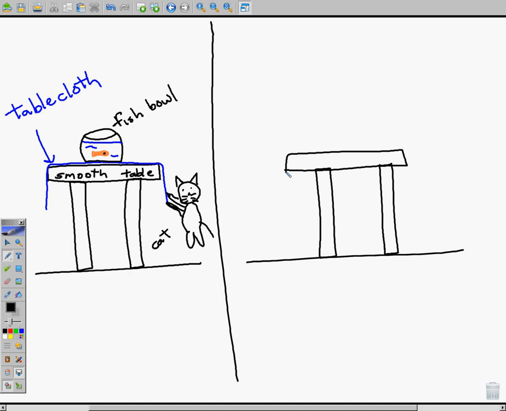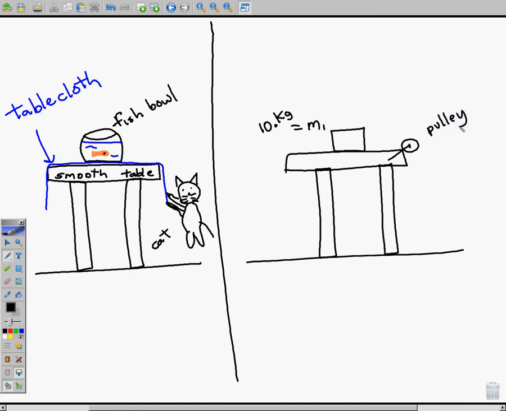And then the fishbowl is just represented by a mass. Call it M1. Say the mass of the fishbowl is 20 kilograms. And then, instead of having a tablecloth draped over, imagine there's a pulley, a wheel on a little axle.